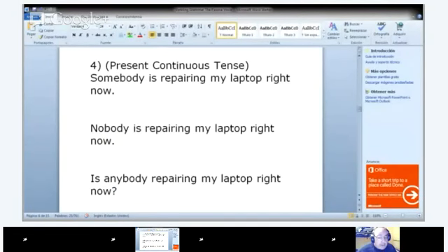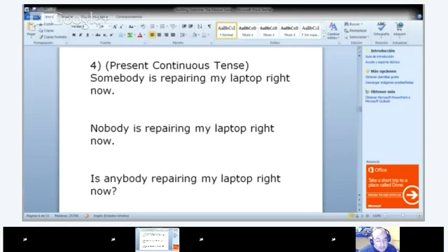Do we have another example? Or we can make a negative statement with the... Yeah, please go ahead. I love any and all comments and participation. We can say, let's take Sammy. Okay, Sammy is not repairing my laptop right now.